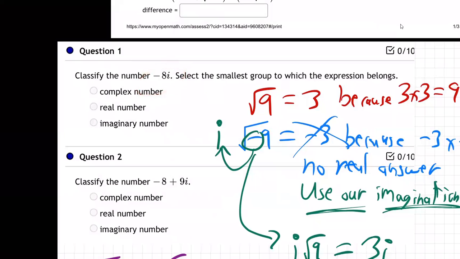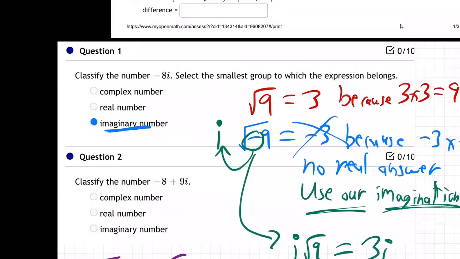All right, so now let's come back up here and say, how about -8i? Is it a complex, a real, or imaginary? It's imaginary. Now, somebody might say, yeah, I see it's imaginary, but isn't it also complex? If I said, hey, I live in Fresno, so don't tell me I live in California, what would you say? Well, yeah, if you live in Fresno, you live in California.